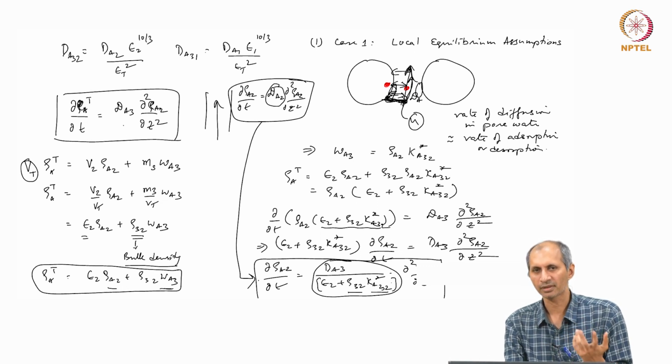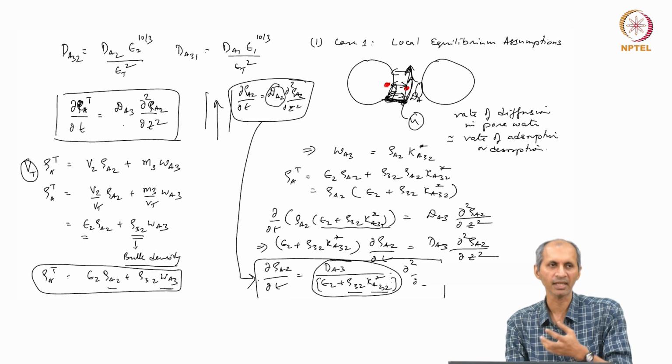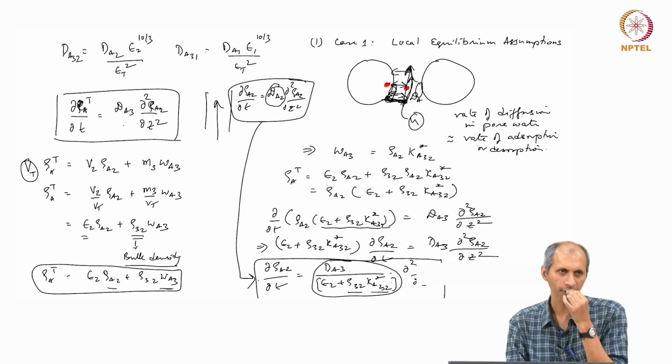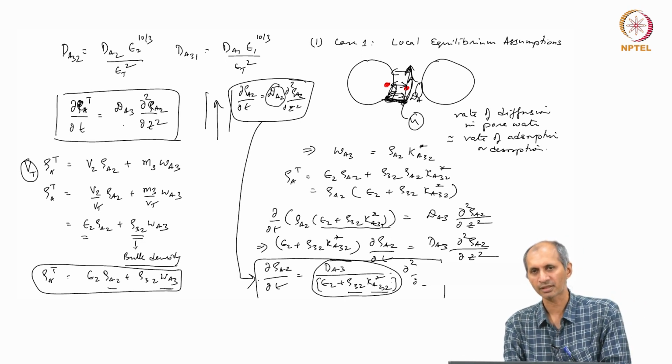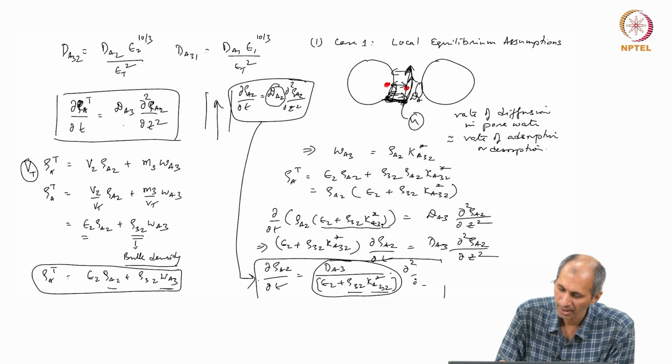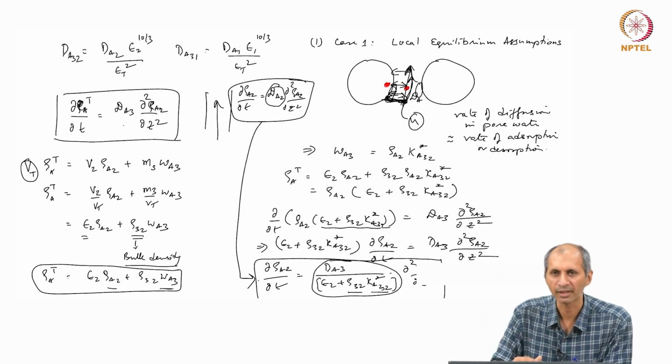What does it mean? If the chemical is highly adsorbing, the Ka32 number is very large. So if Ka32 is large, it reduces the magnitude of diffusion, it retards the diffusion. And if you also have a large number of solids, it will retard this further.